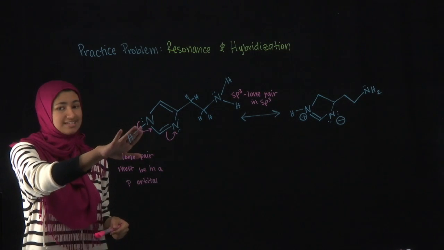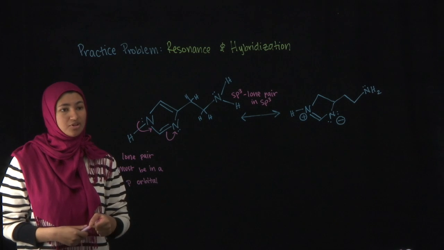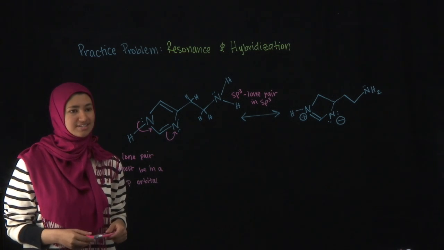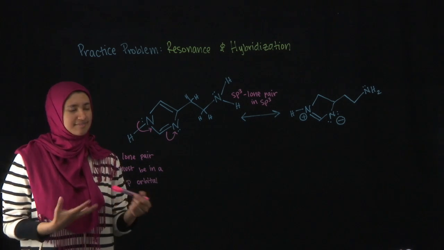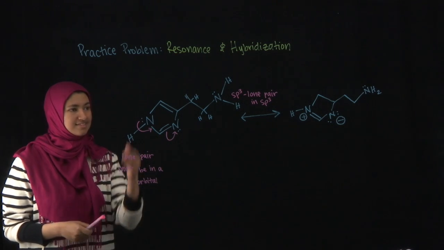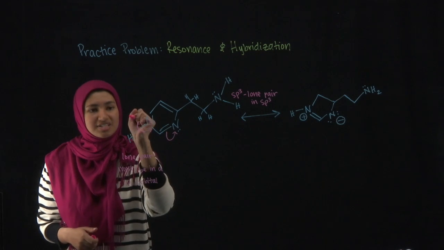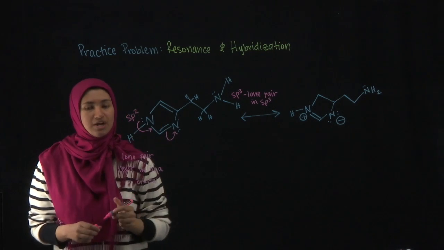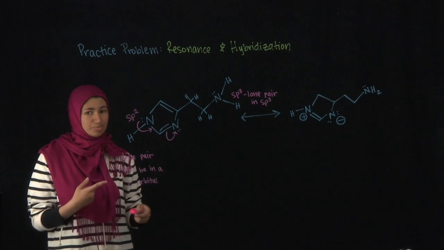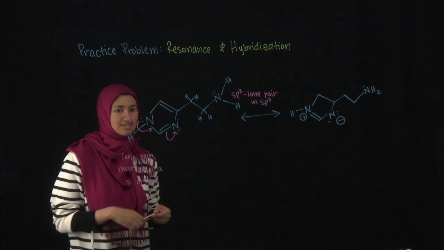So we know that this nitrogen has to have a p orbital for its lone pair to participate in resonance. So the only answer we can come up with is that this nitrogen is not sp3 hybridized, and instead it must be sp2 hybridized, because we need that extra p orbital to have resonance.